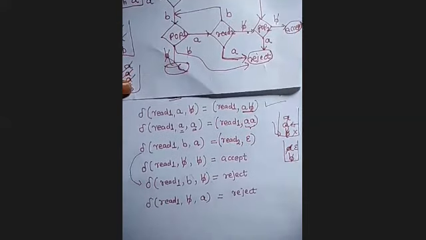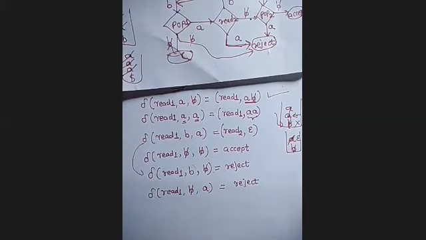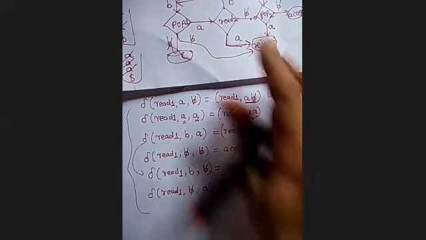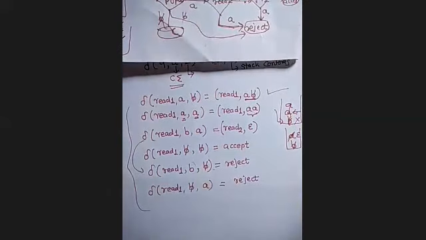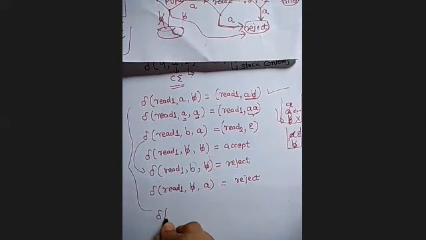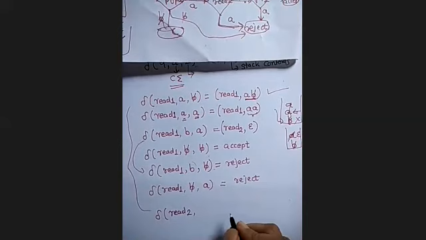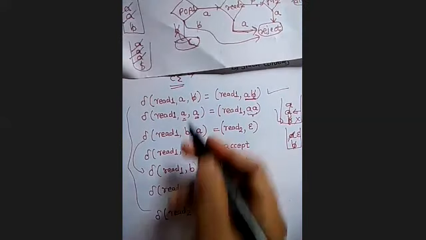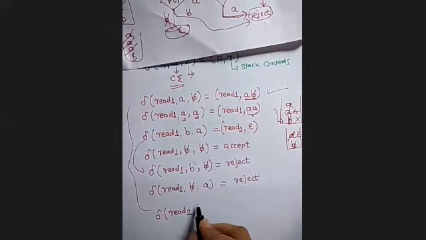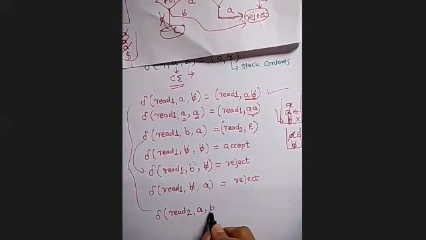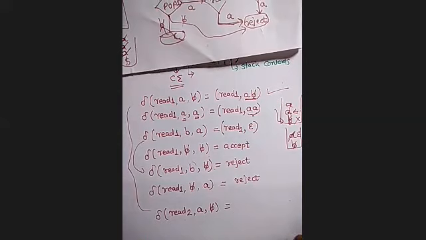And in the same way, you have to consider the possibilities for the read two state. These 6 equations are for read one. Now consider read two. We'll start by finding the equations for read two. Read two, again the same way, like here we did, we'll also do here for read two. Read two, A came and the stack is blank. Who will tell me what is the next step?